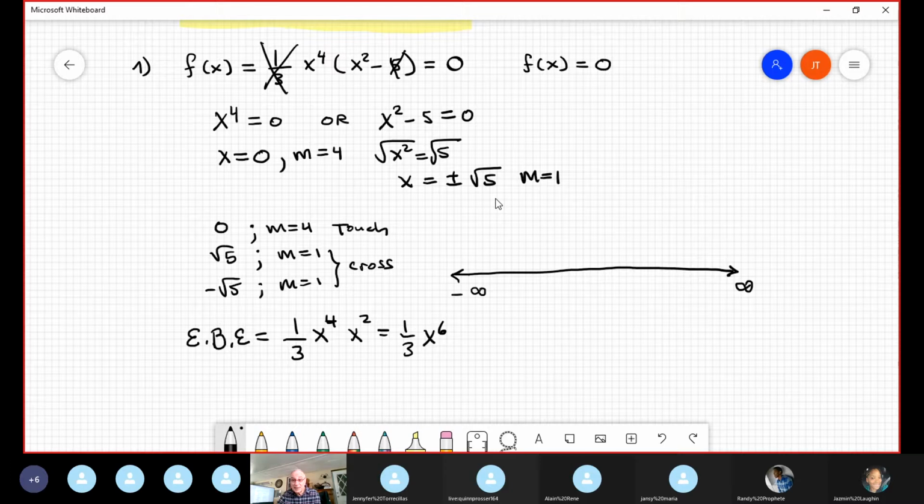Yeah, I know that the end behavior look like that because the exponent is even, number 1, and number 2, the coefficient is positive. So the end behavior look like that. But we have 3 0. 1 is 0, 1 in radical 5 positive, and 1 in negative radical 5.